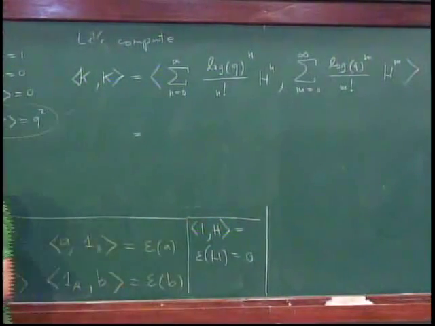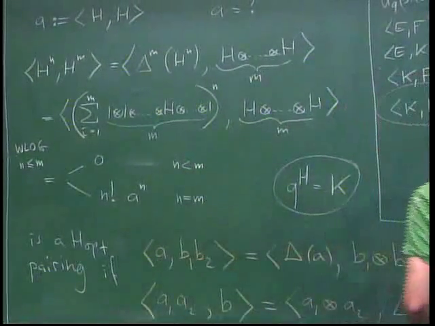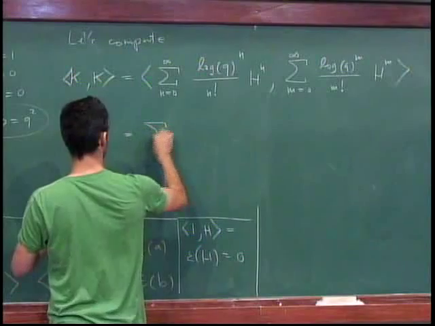Well, we know that the formula involves a Kronecker delta. If things are different, you get 0. So this is actually a single summation.